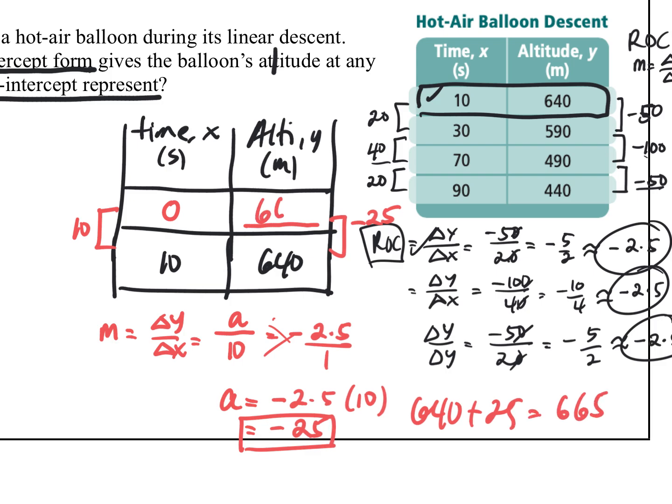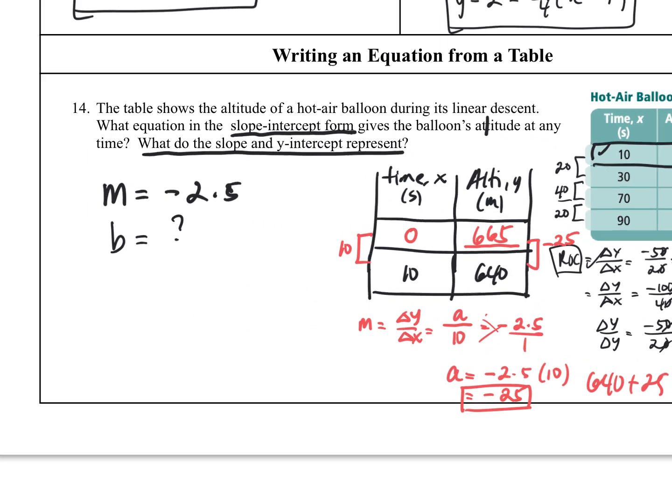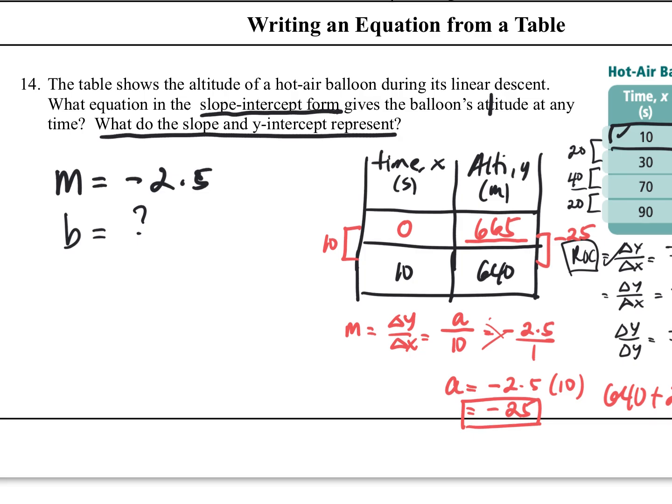Remember that your y-intercept is at 0 when x is equal to 0. Therefore, to answer our question earlier, our b here is going to be 665. This is our constant.